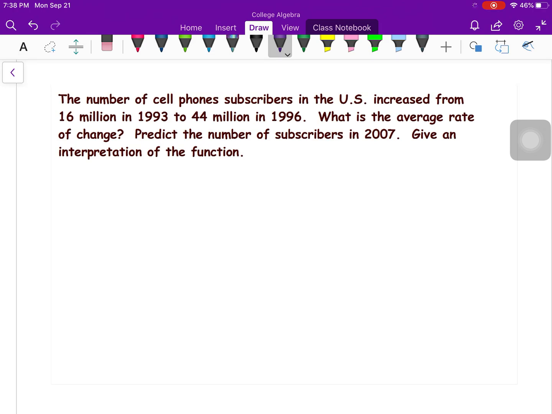So here's the situation. The number of cell phone subscribers in the U.S. increased from 16 million in 1993 to 44 million in 1996. What is the average rate of change? Predict the subscribers in 2007 and interpret the function.